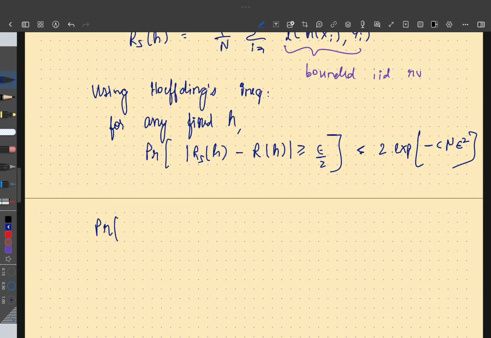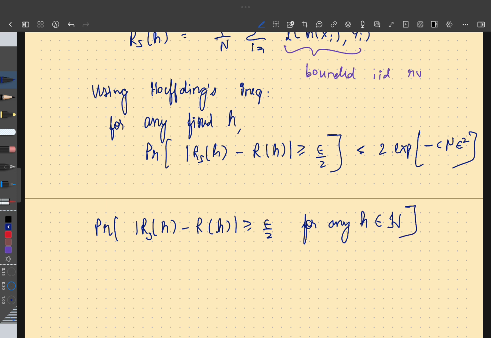The probability that Rs of h deviates from R of h by an amount epsilon by 2 for even one predictor in your hypothesis class is the bad event.